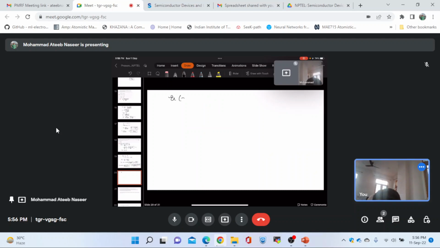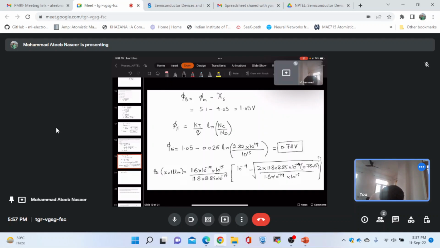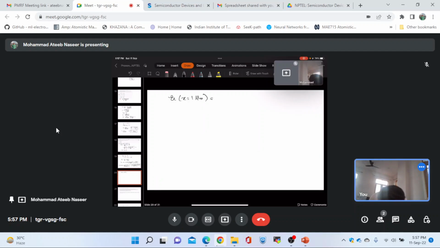This E at x equal to 1 micrometer, if I solve this expression, will come out, after subtraction, to be minus 26.76 into 10 raised power 3 volt per centimeter, that is kilovolt per centimeter.